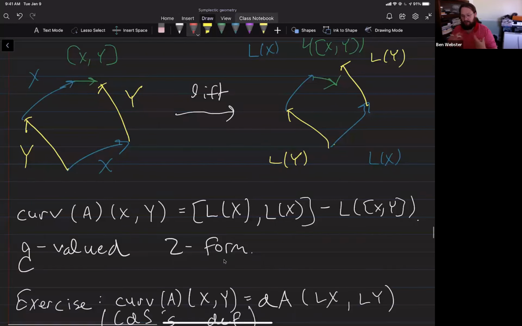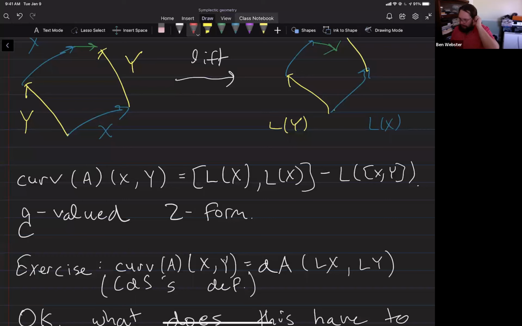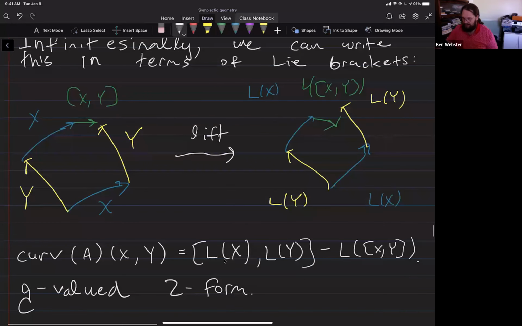So curvature is actually going to be a G-valued 2 form, where what we do is we take the Lie bracket of the lift of 2 vector fields, and we compare that with the lift of the Lie bracket itself. Exactly what's happening here is the left-hand term corresponds to going around this way, and the right-hand term corresponds to going this way.